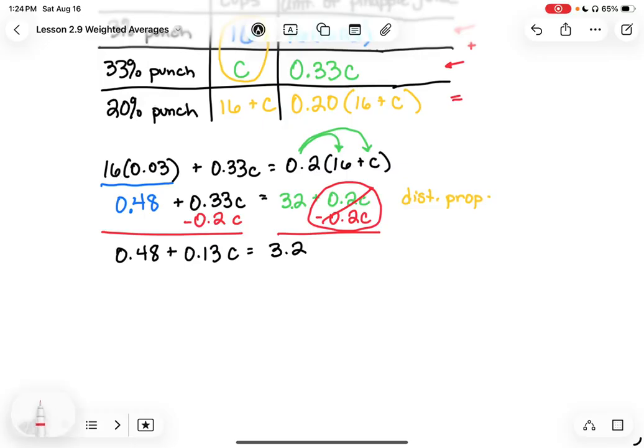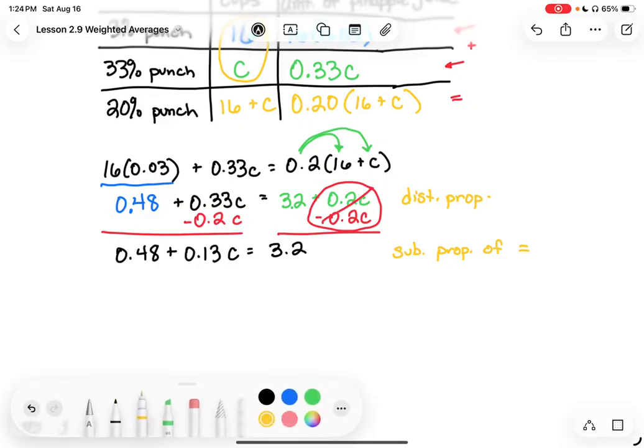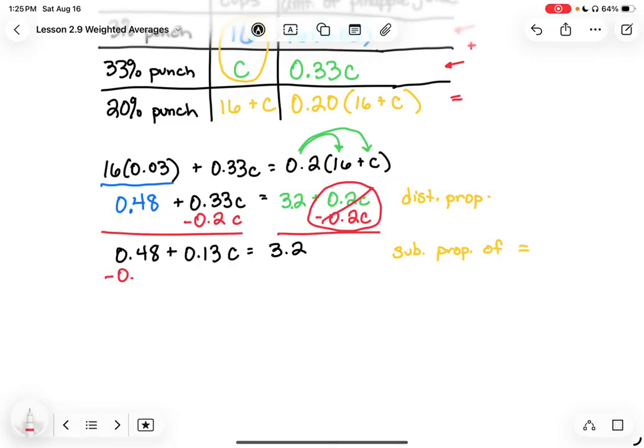It's going to give us 0. So here's what it looks like after doing the subtraction property of equality. Boy, we get a lot of use out of that subtraction property, don't we? Okay, we're going to use the subtraction property again now to isolate the 0.13C.